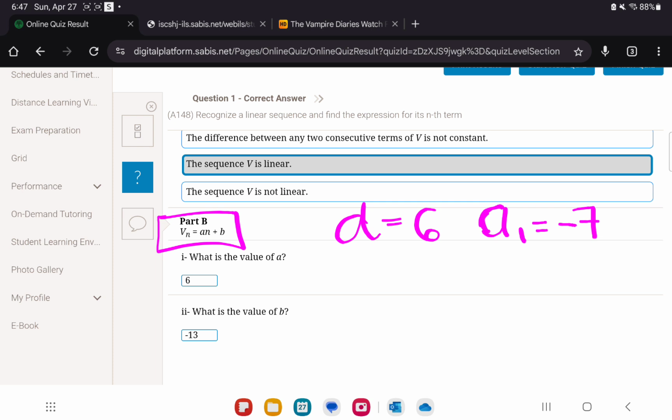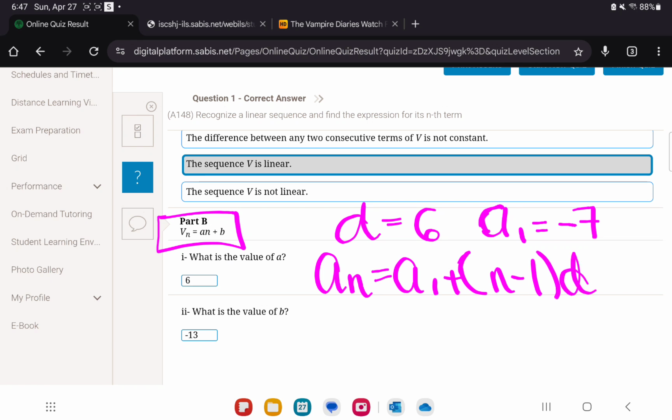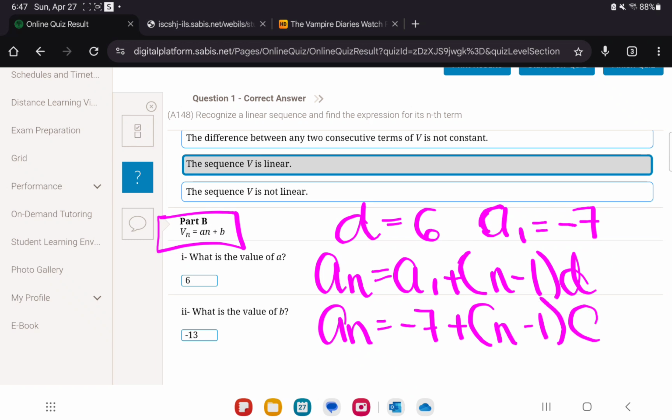So the rule for an arithmetic progression is an is equal to a1 plus n minus 1 times d, okay? We have our a1, so an is equal to -7 plus n minus 1, which stays n minus 1 because we don't have the n, and then d is 6.